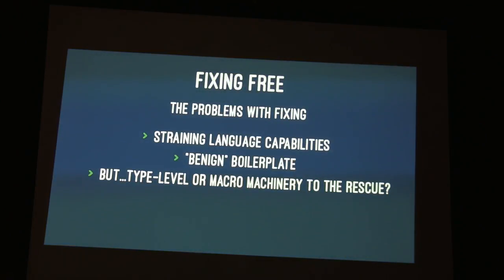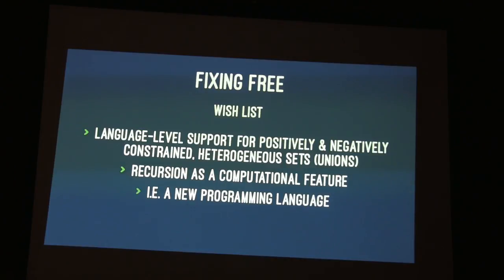And my hope is that people find a way to take this basic idea and make it actually usable. I am not optimistic, however. I would guess it's probably never going to be usable in the languages that we have today. My wish list would be for language level support for basically constrained heterogeneous sets, both positively constrained and negatively constrained.